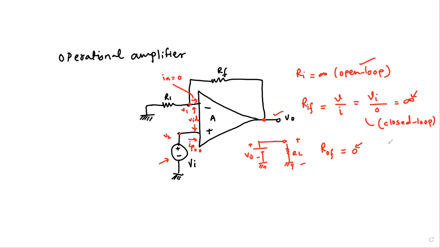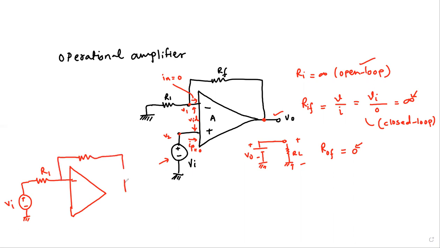Okay, so just to summarize, let's take a look at the inverting amplifier, where the input signal is applied to the negative input terminal through this resistor R1, and we have this output right here, and the positive terminal is connected to the ground, and therefore this current is I1.